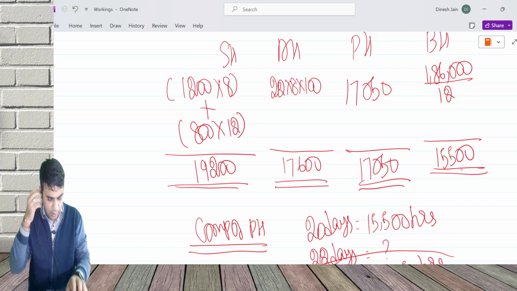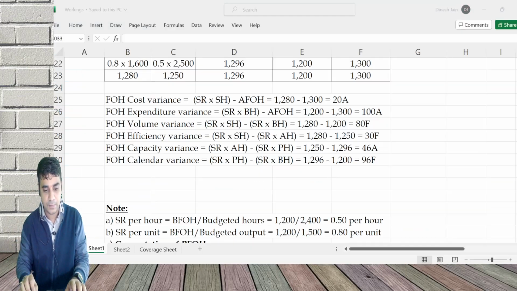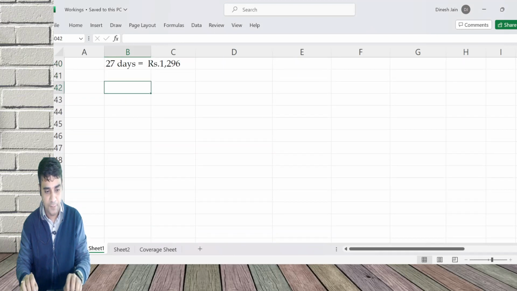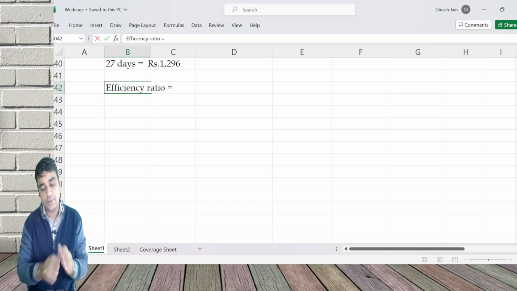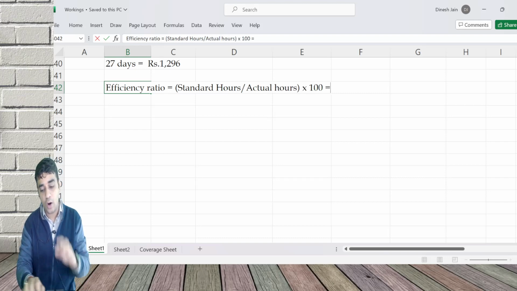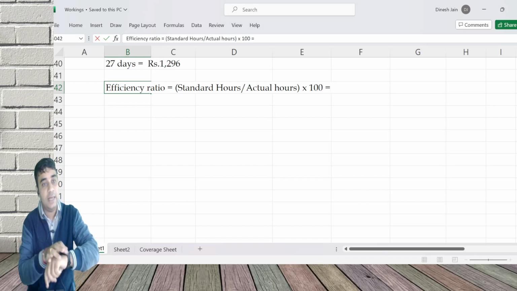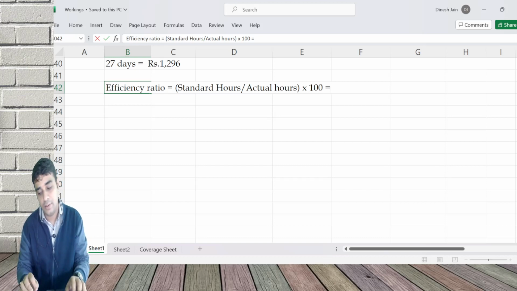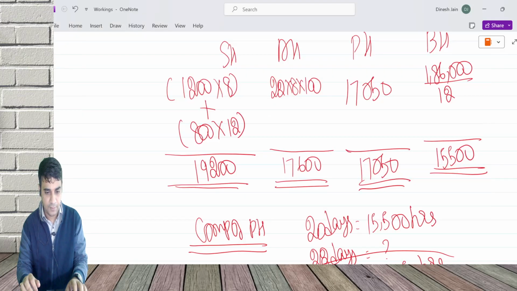Now write, efficiency ratio is equal to, look at the chart, standard hours by actual hours into 100. Guys, please participate. This is what you were normally doing even in the labor chapter. How much are the standard hours? We have done the calculation.